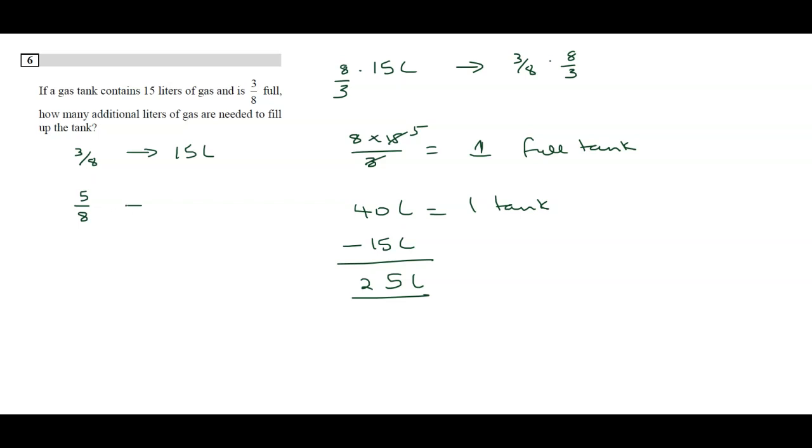To get 5/8 from 3/8, you can multiply by 5/3. If I multiply this by 5/3, it gets me to the answer. So you can see now that we have 5/8, and 5 multiplied by 5 is 25. So whichever way you prefer is fine.